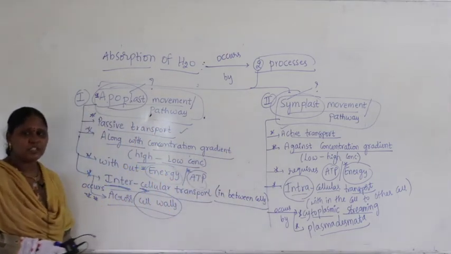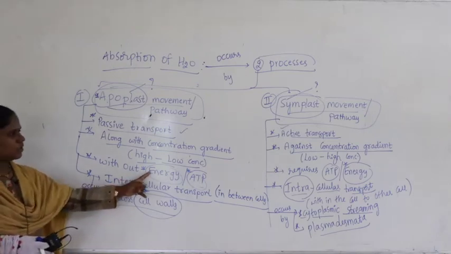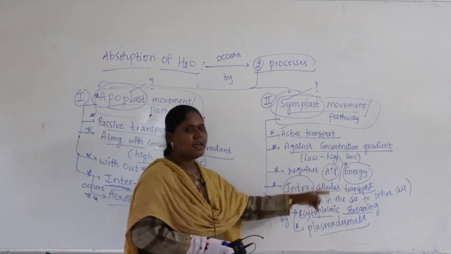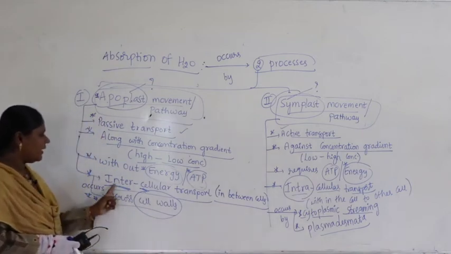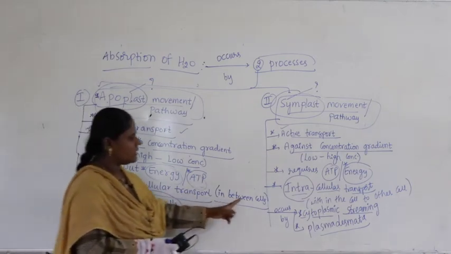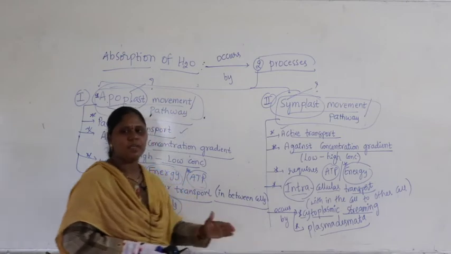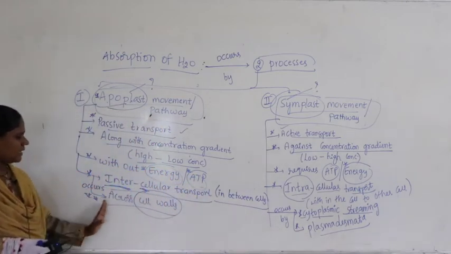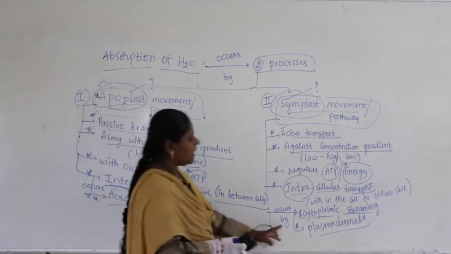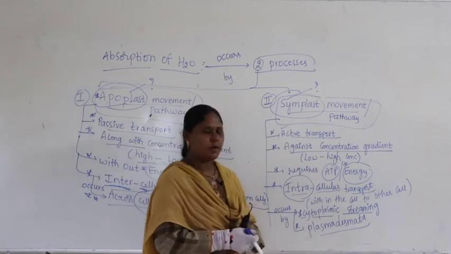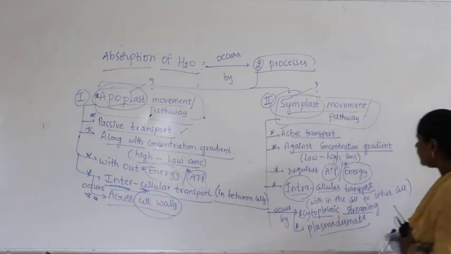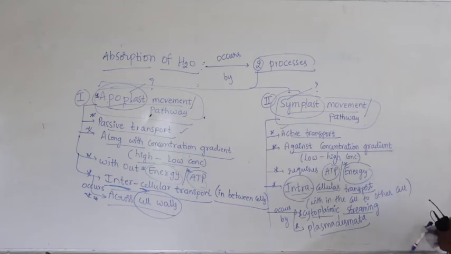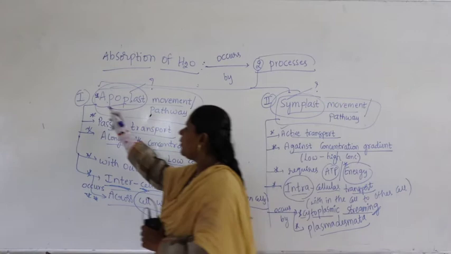Apart from energy, here no energy, but here it needs energy. Here intercellular, in between cells, and here intra, within the cell. It occurs across the cell walls, and by cytoplasmic streaming and plasmodesmata. Cytoplasmic streaming was discovered in the hydrilla plant, and we will come back to this point. Let us come back to apoplast movement.